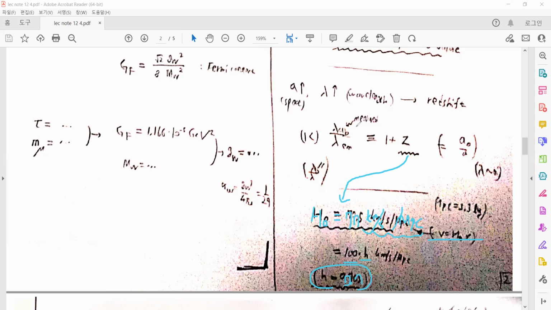We will use these conventions to express the expansion. Next, we'll talk about the Friedmann equations from the FLRW metric using general relativity, and also the derivation of the lambda CDM model, which is the standard cosmology.